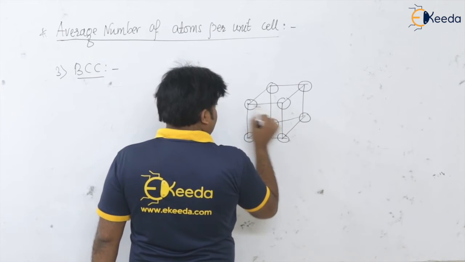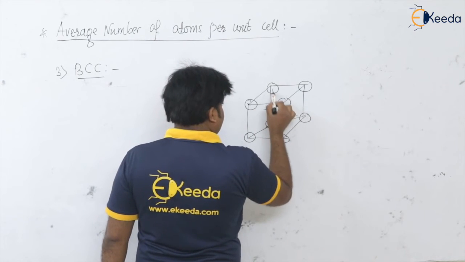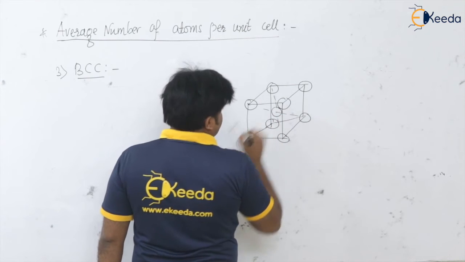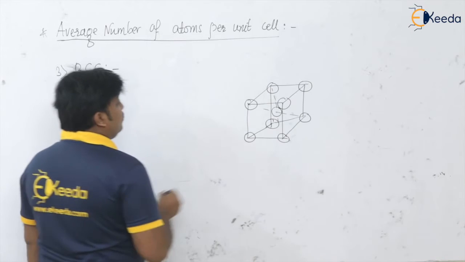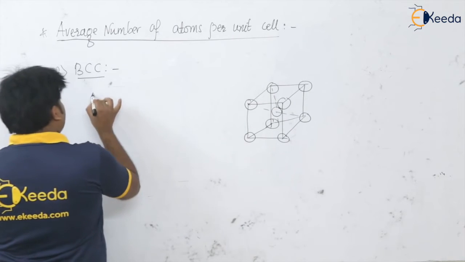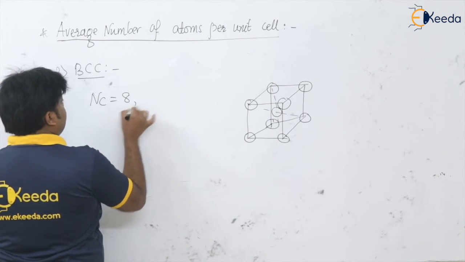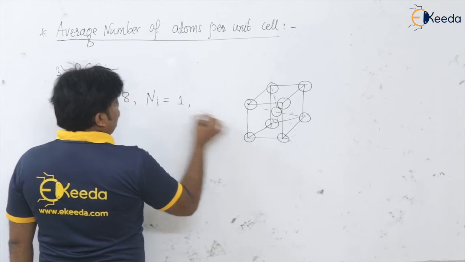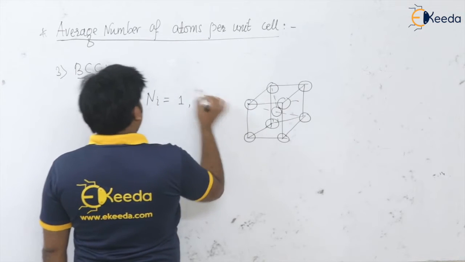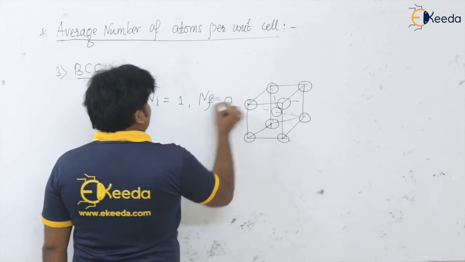Okay, and one at the center, बॉडी के सेंटर में एक. सो कितने हो गए टोटल, सो कॉर्नर पे 8, Ni 1, सो no any atom on the face, सो यहाँ पे Nf कितना है, 0.